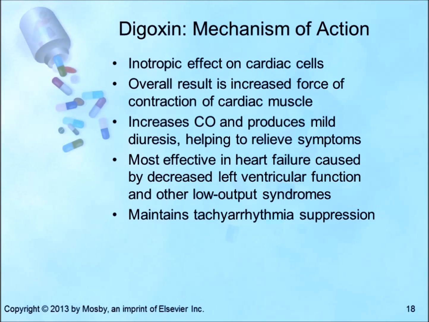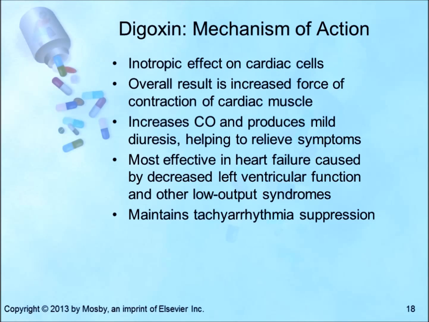Digoxin has an inotropic effect on cardiac cells caused by enhancement of excitation-contraction coupling triggered by membrane depolarization. It acts at the cellular membrane by inhibiting the sodium-potassium pump, thus causing an increase in intracellular sodium.